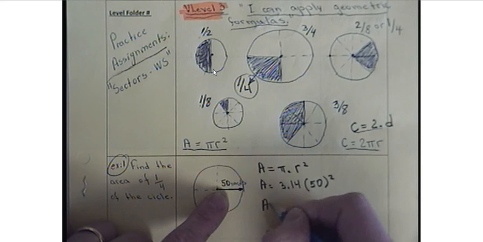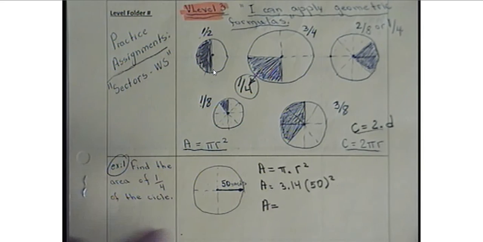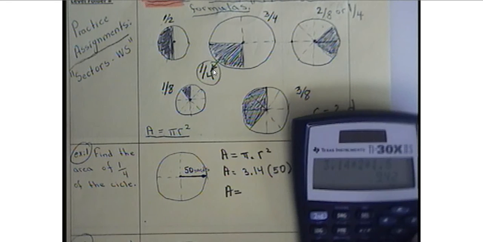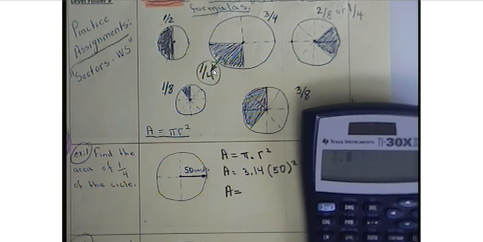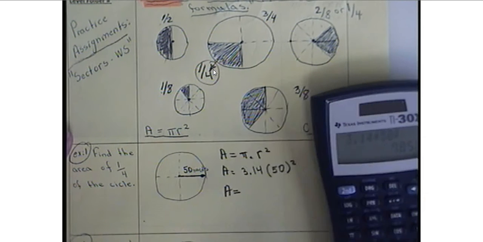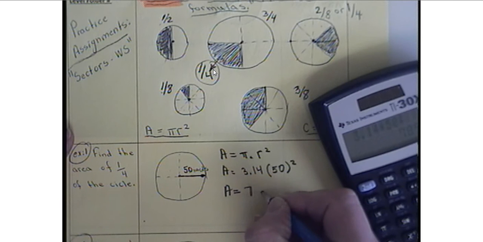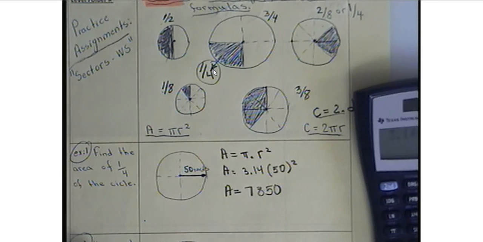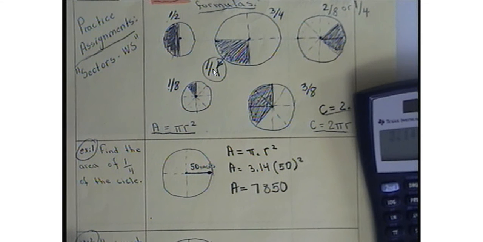So remember, you always have to calculate the total area first. So the total area here is equal to 3.14 times 50 to the second power, which is 7,850.